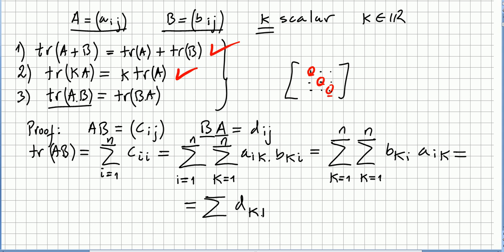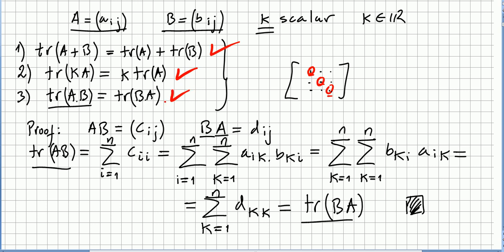Here I only need the trace, so from k equals 1 to n, the sum of d_kk. And what is this? We said that d_ij is BA, so this is the trace of BA. So the trace of AB is equal to the trace of BA, and that concludes the proof. So this third property is also proved.